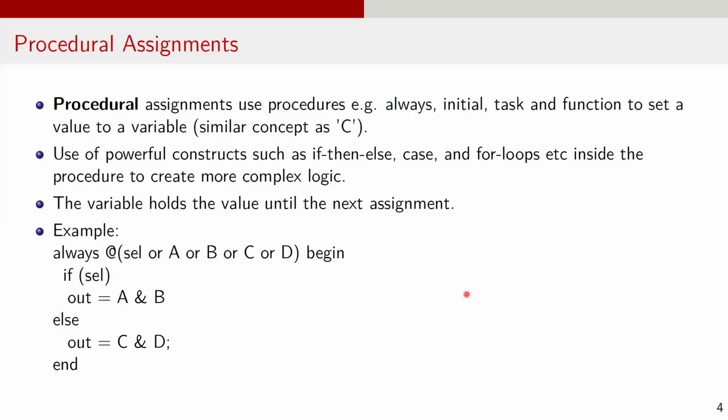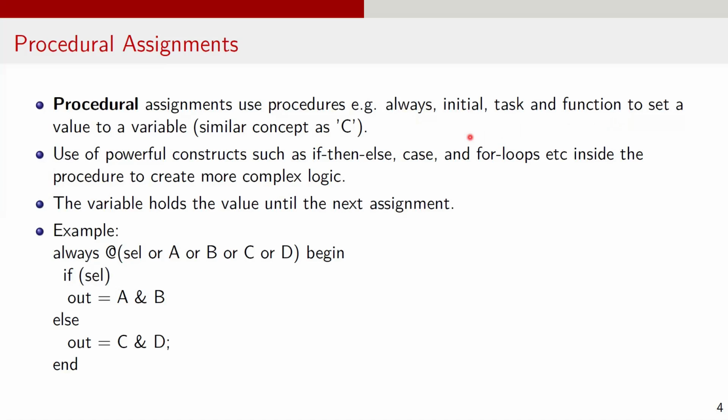Now let's discuss what a procedural assignment is. Procedural assignments are used within procedural blocks like always, initial, task, and functions to assign values to variables. In Verilog, variables serve a similar purpose as in the C language, where a variable stores a value.